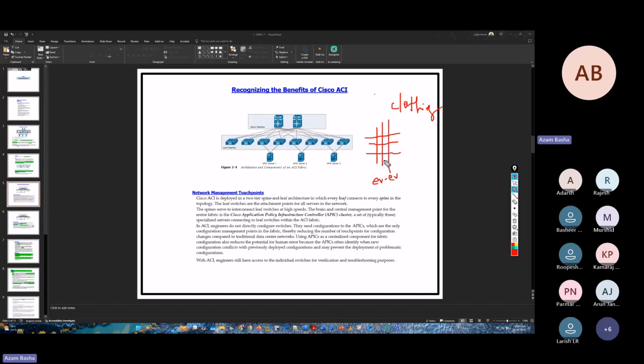If it is not closely knit like this, it will not become a cloth, right? Yes, sir. So you're saying every leaf and spine, every node is interconnected. Correct. Spine is connected to all the leaves. Leaves are connected to all the spines.